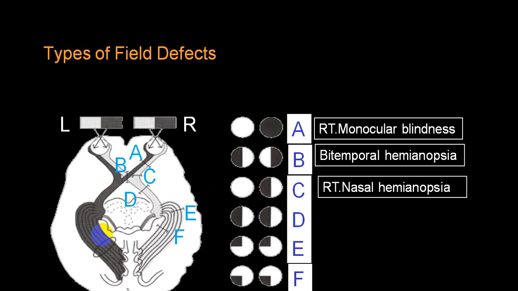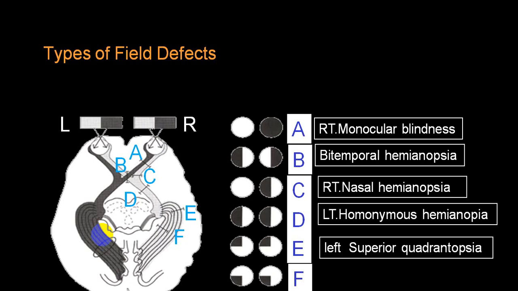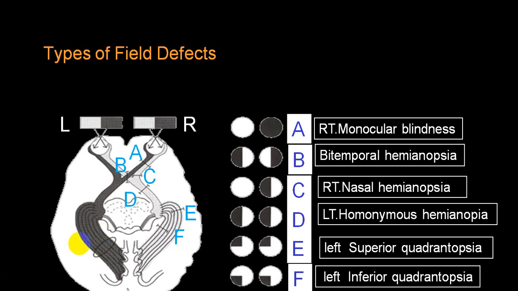Then both left side homonymous at D. If you get at E, it is outer fiber. Outer fibers are for superior field. Inner fibers are for inferior field. So outer fiber, left side superior, left side inferior. Outer fiber, we call that as Meyer's loop. Inner fiber, Baum's loop.